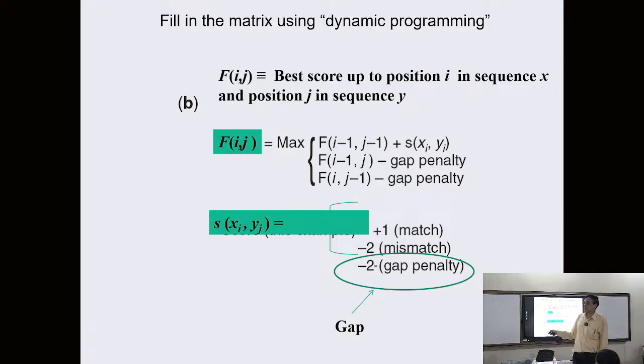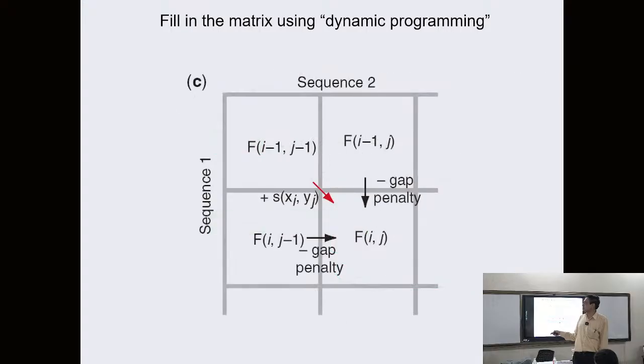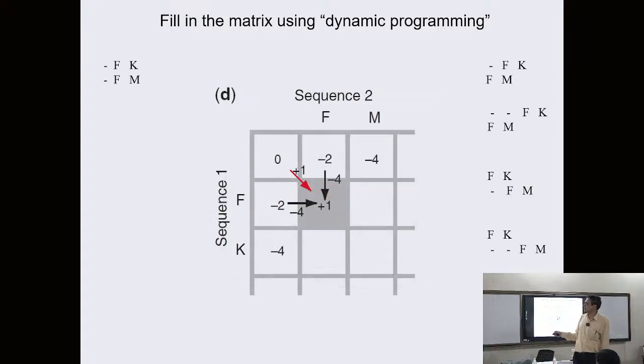For these three moves, you have to get the best, or the maximum, out of this. So what is the maximum out of these three? +1. So you are going to fill this cell with +1. Okay. And you will make the move that led to +1 red, and that move is the diagonal move.